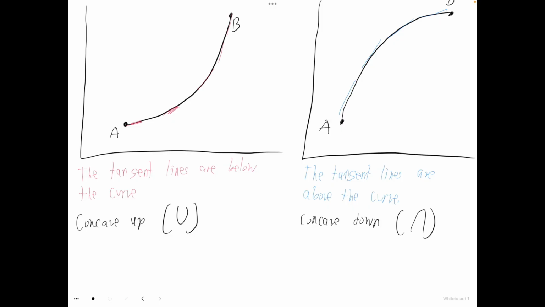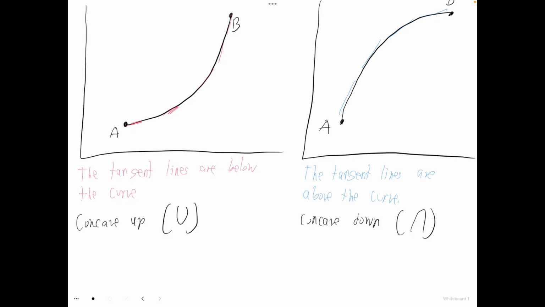Thinking of how it compares to a parabola can help you keep straight whether you're concave up or concave down. This is what we call the idea of concavity, and it has to do with whether the tangent lines are above or below the graph.